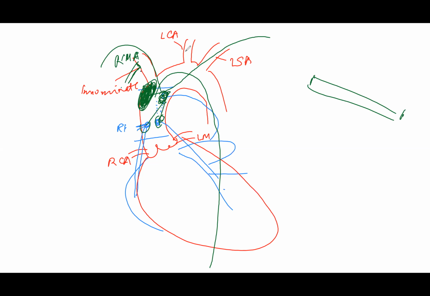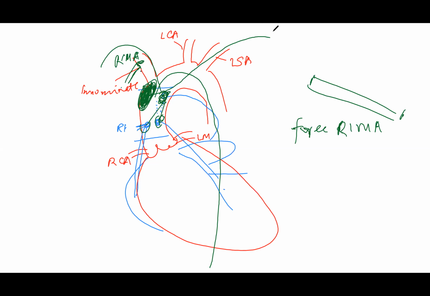So sometimes it's written as free rema. That means it's not attached to the vessel up here. But if it is an inside rema, where it's attached, then you have to search something here. So the right radial artery access will be great. Femoral access is great for those.